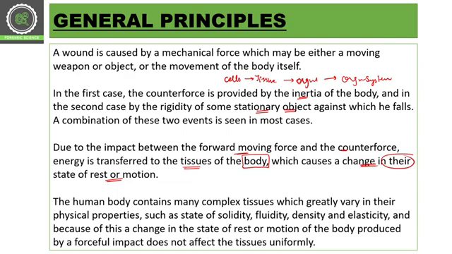The human body contains many complex tissues which greatly vary in their physical properties. We have different types of tissues which make our outer skin, and different types of tissues which make our different organs. Our stomach is made up of some specific sort of tissues, and our heart is made up of cardiac tissues, a special type of tissue which is only present in the heart.